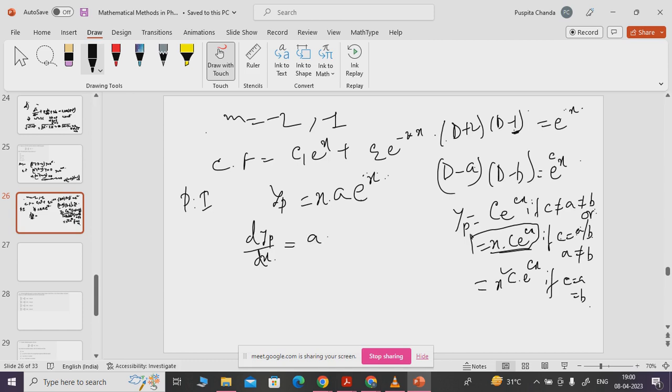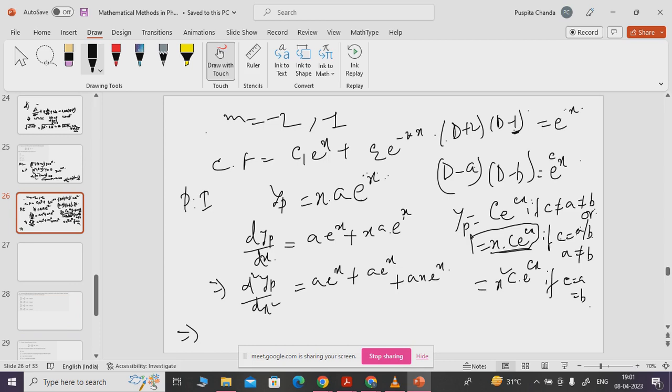dyp dx is equal to a e to the power x plus a x e to the power x. d2yp dx2 will be a e to the power x plus a e to the power x plus a x e to the power x.